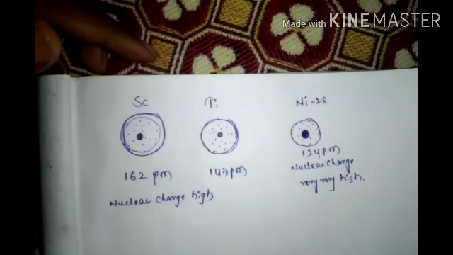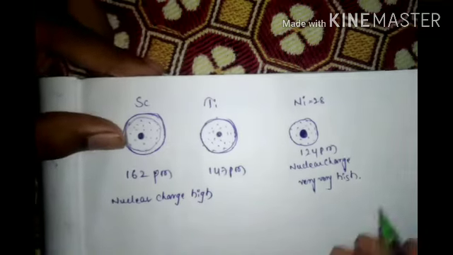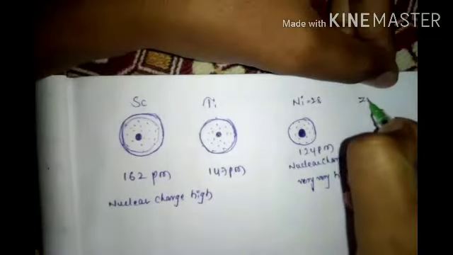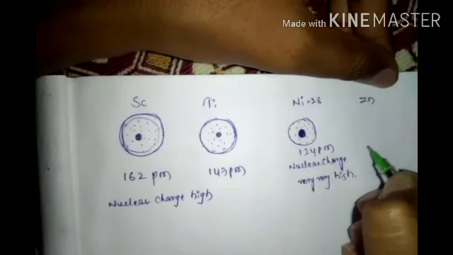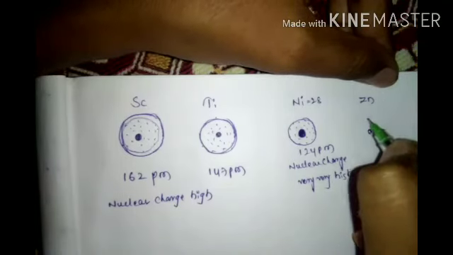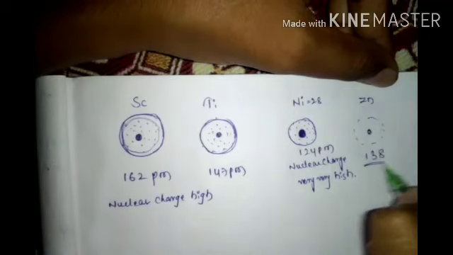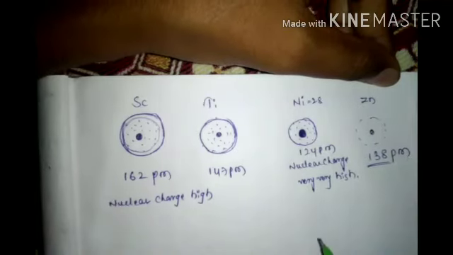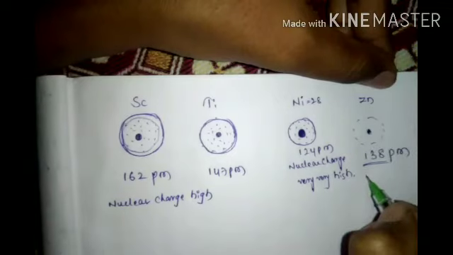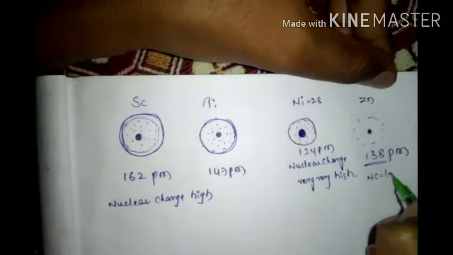Like that we have to think. Now next, go to the last one, zinc. What happened? It is 138, it increases. So now the nuclear charge effect is less.